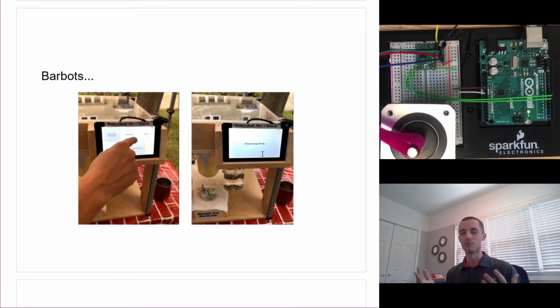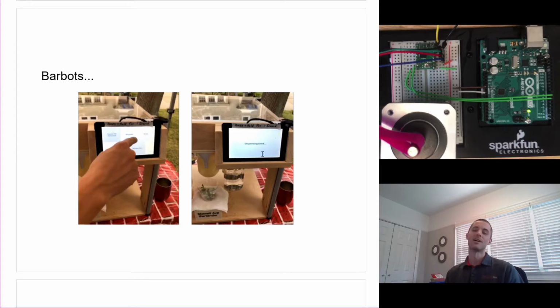And so I made a bar bot, or an automated bartender, that used a bunch of these stepper motor driven pumps and would essentially pump all of the ingredients for each of 5 different drinks: mojito, margarita, Long Island, brandy old fashioned, and whiskey sour.